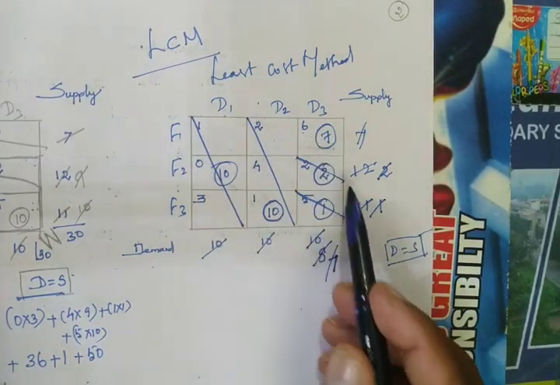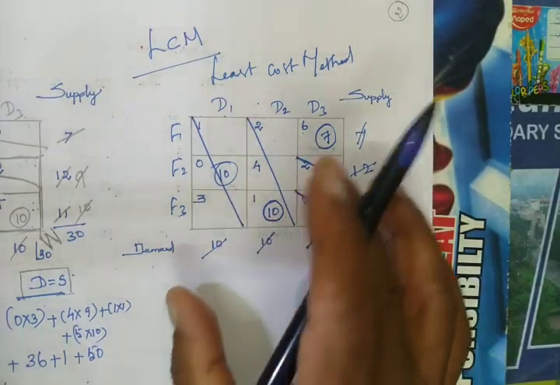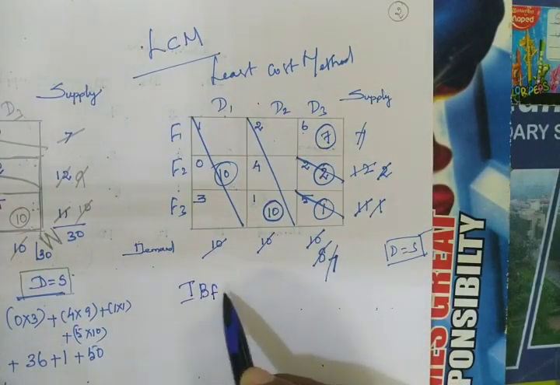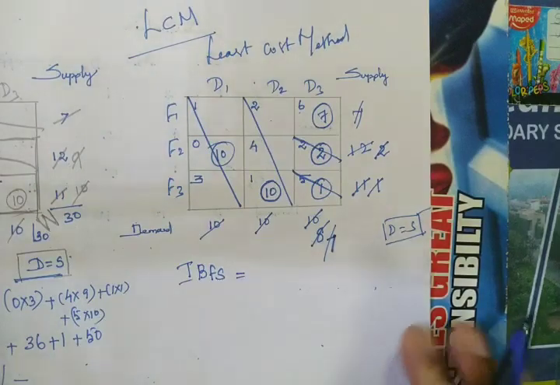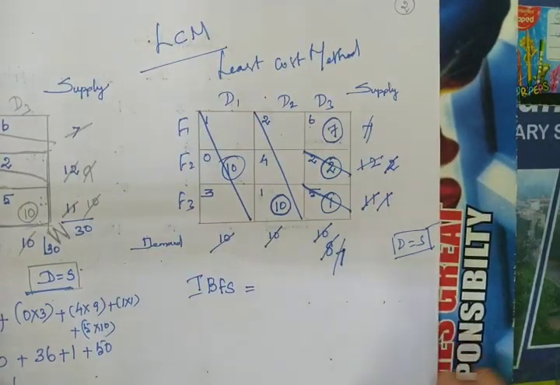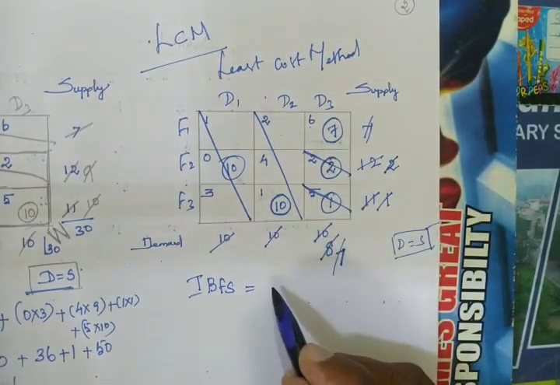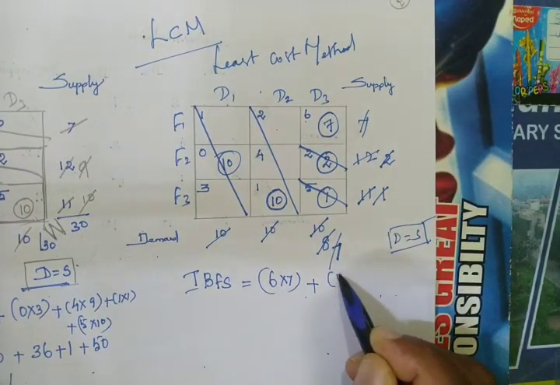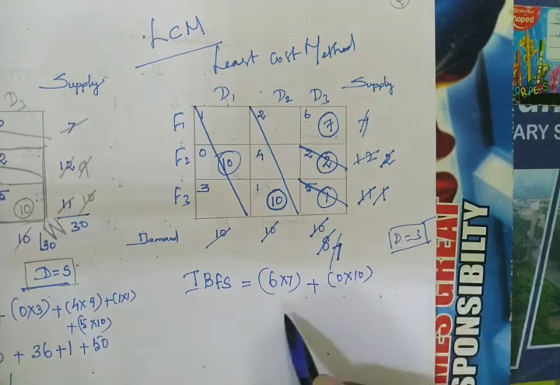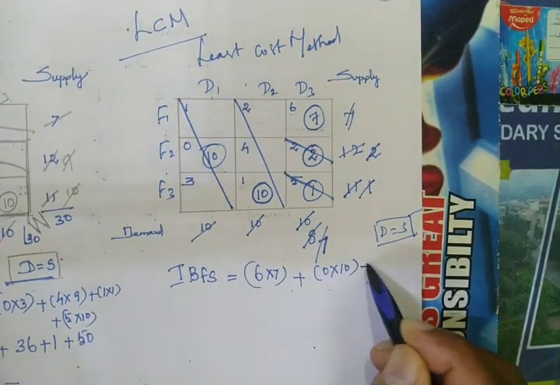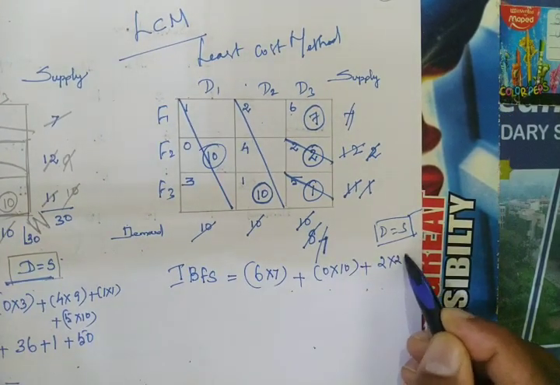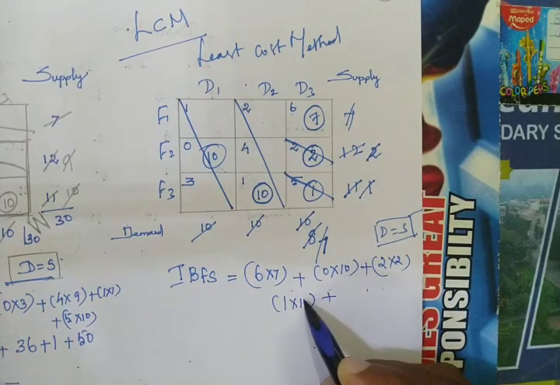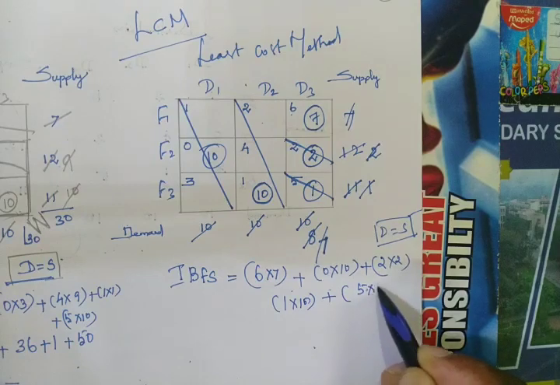So now after supplying like this, you are going to find the solution called IBFS, Initial Basic Feasible Solution. Just you are going to supply: 6 units into 7 plus 0 into 10, then plus 2 into 2, then 1 into 10, then 5 into 1.